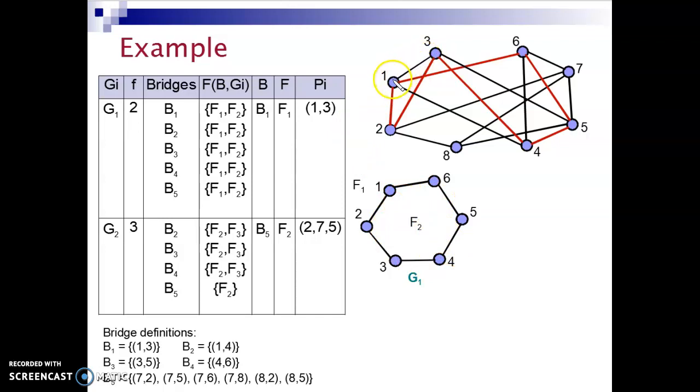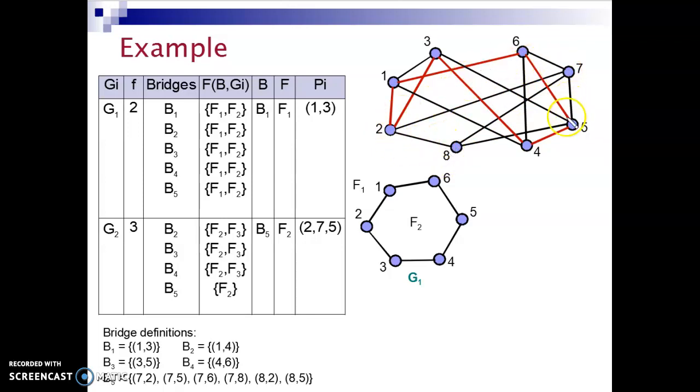Here is a bridge, the edge between 1 and 3. Let's call that bridge B1. Here is another bridge that starts with the edge between 3 and 5, 5-8, 8-7, 7-6, 7-5, 7-2, and 8-2.